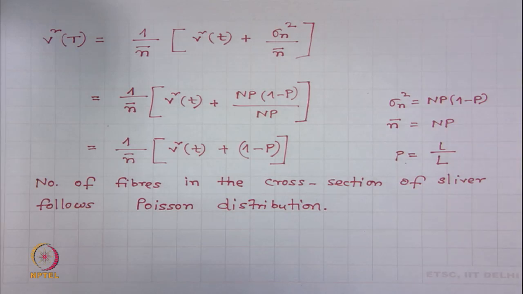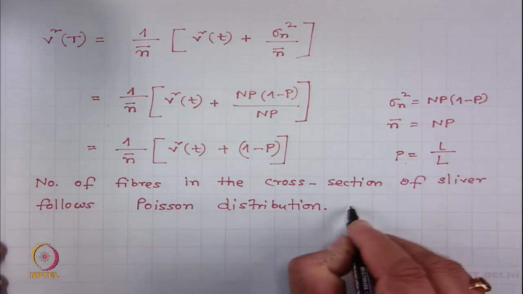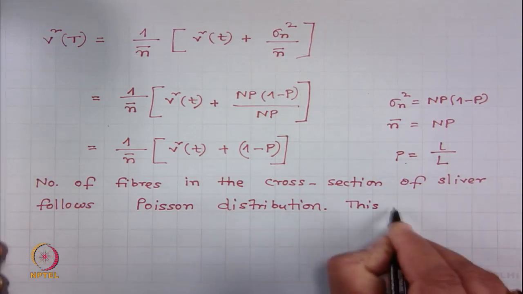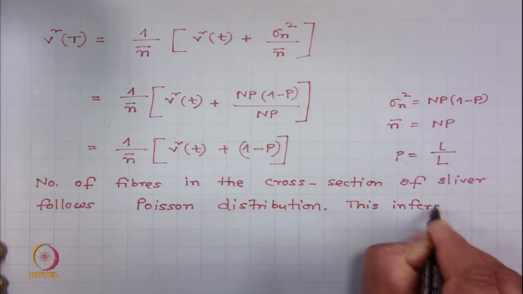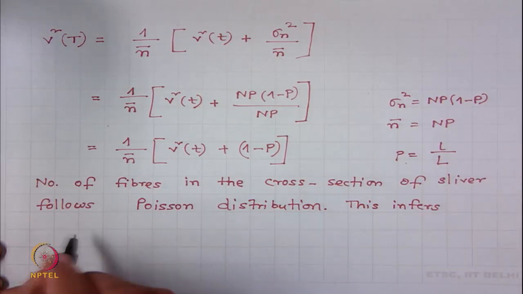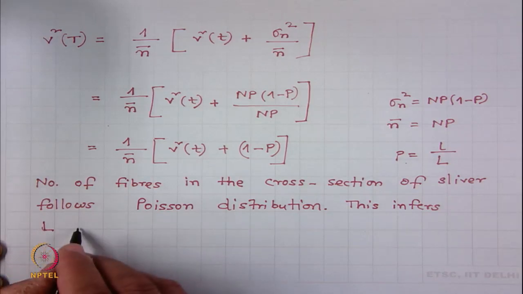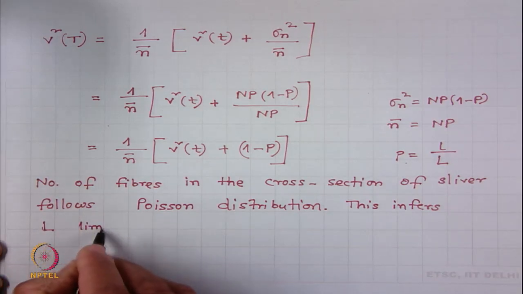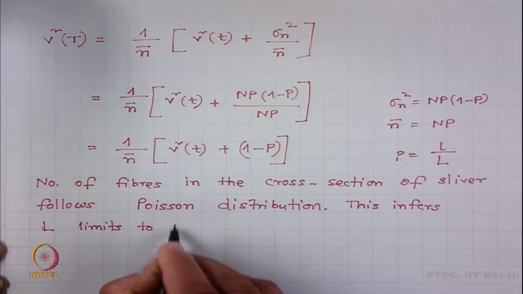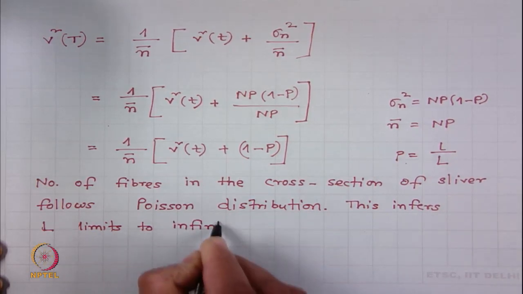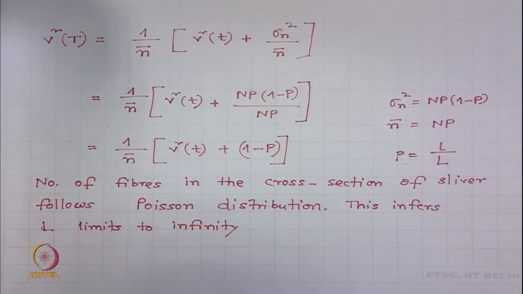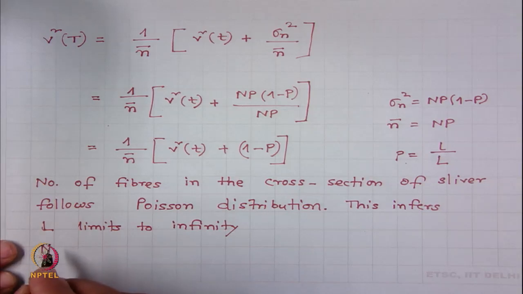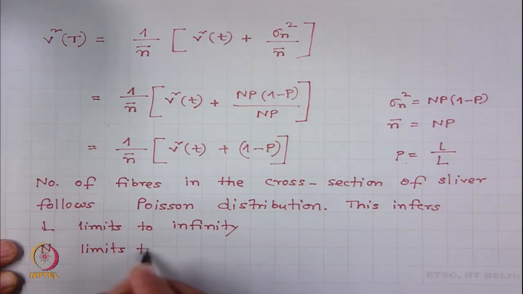The number of fibers in the cross section of the sliver follows Poisson distribution. This implies that L limits to infinity, so n, the total number of fibers, also limits to infinity.